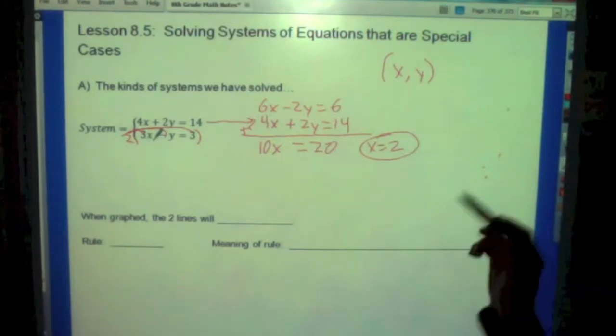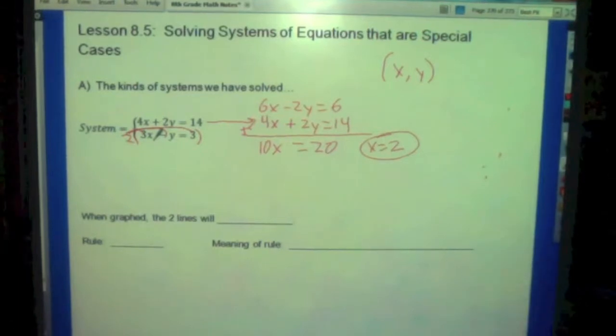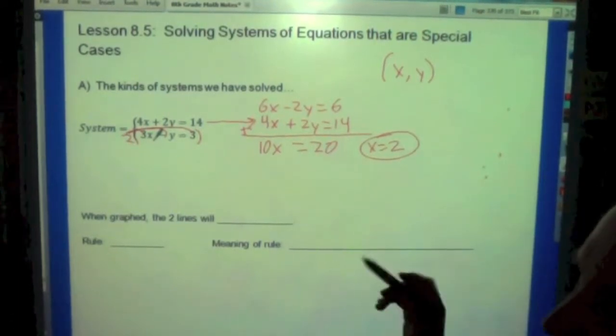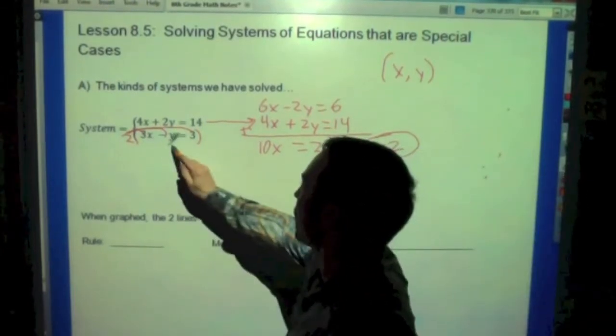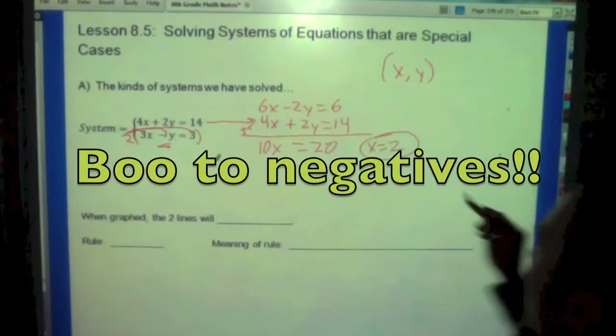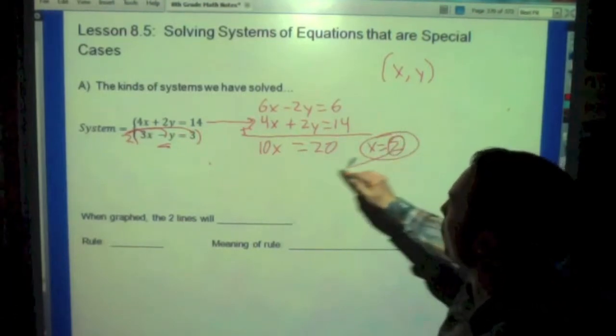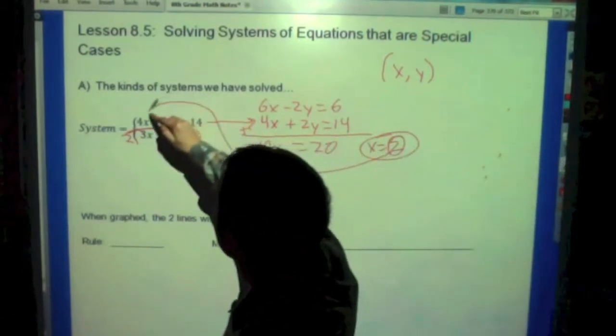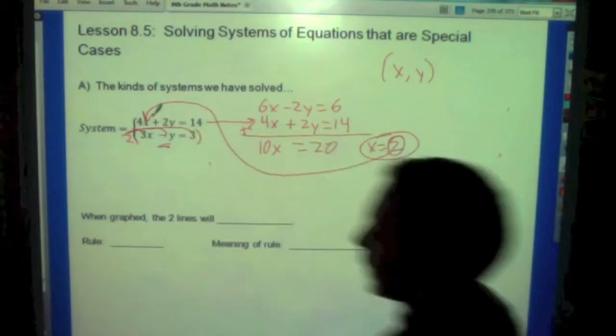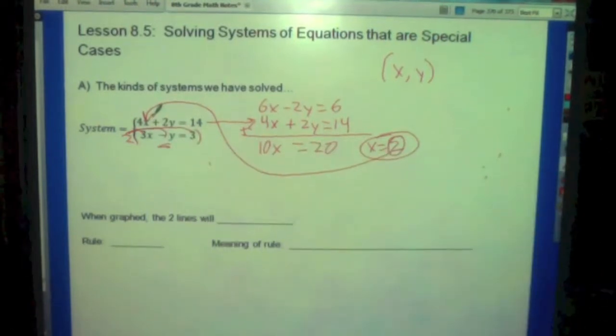I like the first equation a whole lot better because then I don't have to deal with this pesky negative y down here. So I'm going to take 2 and swap out that x for 2, and rewrite what I have.